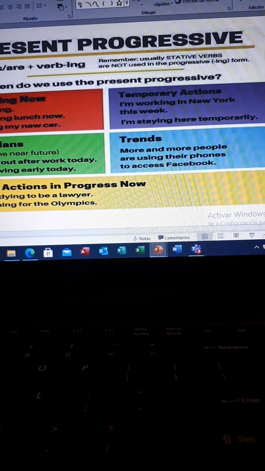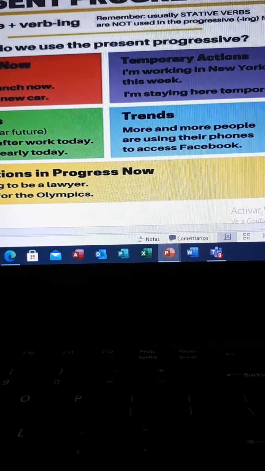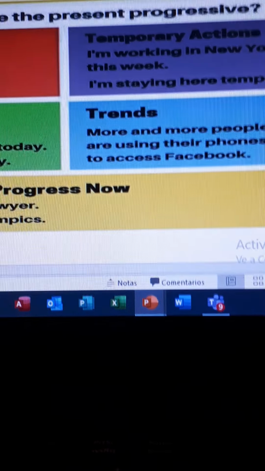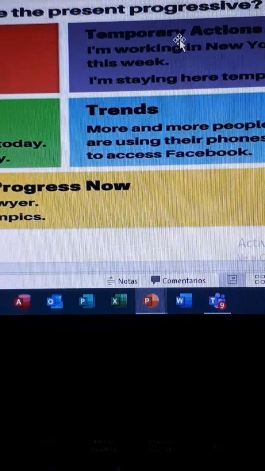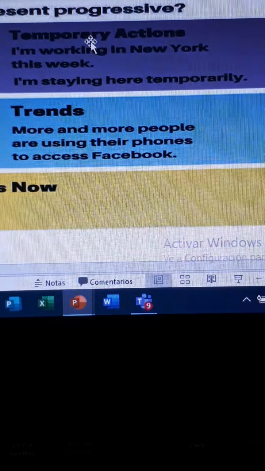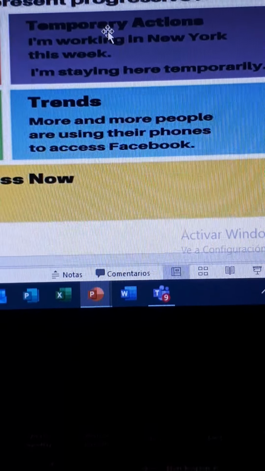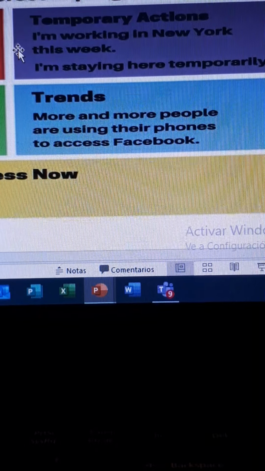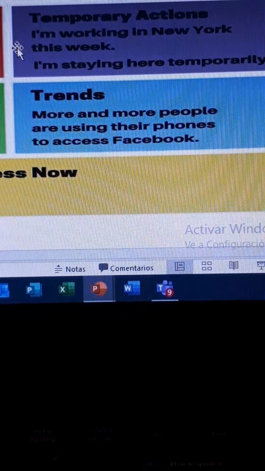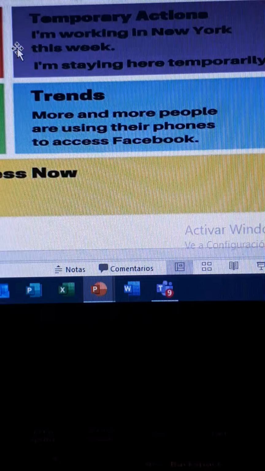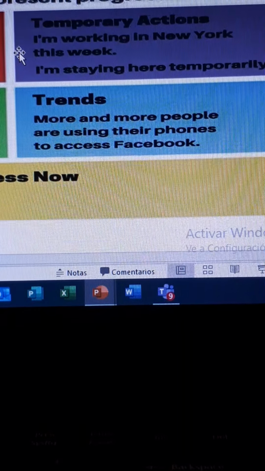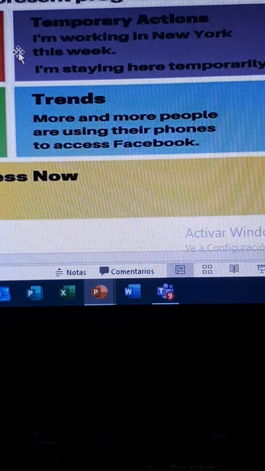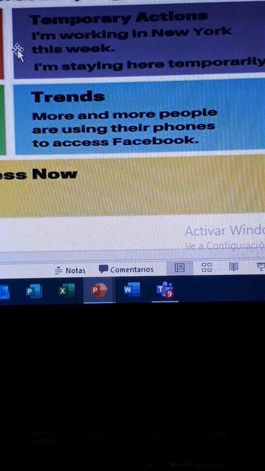Another situation is for temporary actions. It means that it is for something that you do just for a temporary moment. For example, studying in a virtual class is temporary because we're not going to be in a virtual class all the time, all the career.